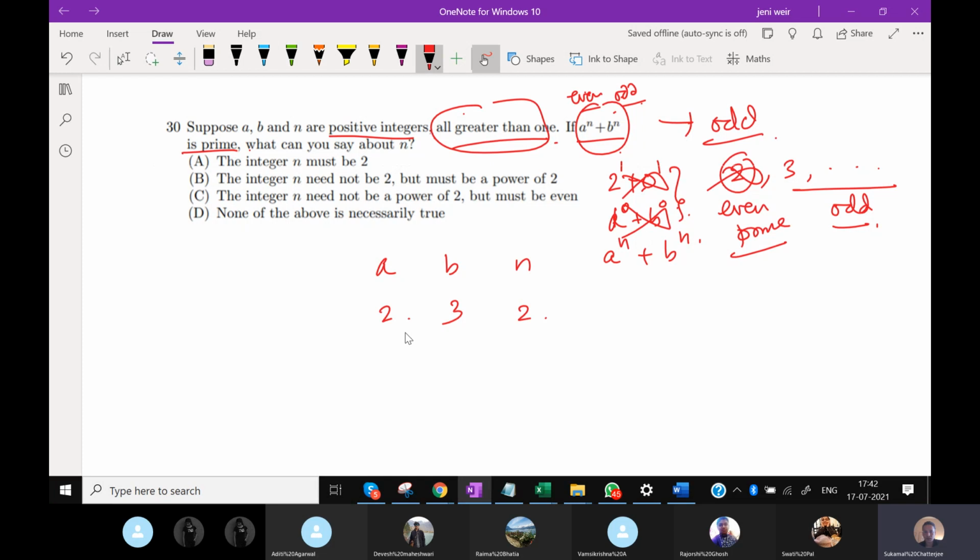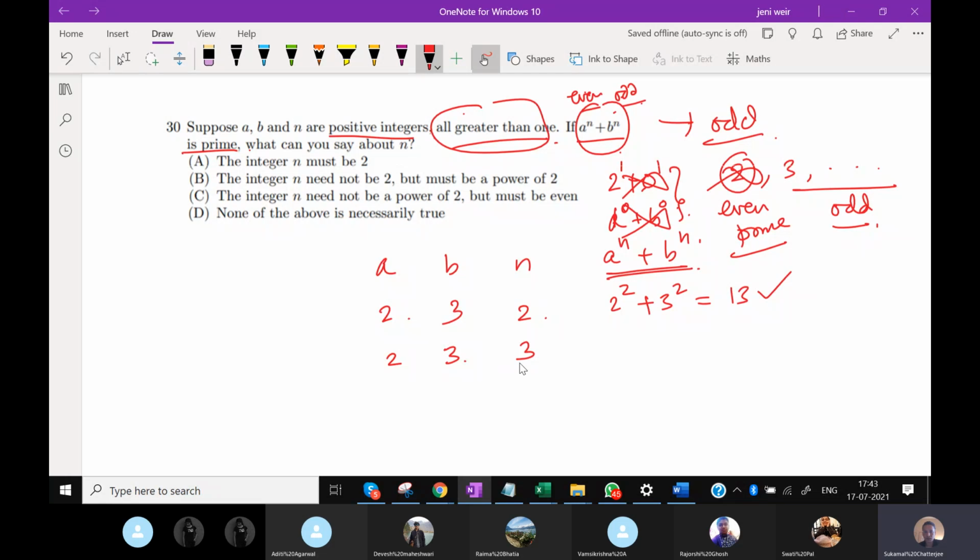So if a is 2, b is 3, n is 2, then what would be the value of a to the power n plus b to the power n? This would be 2 to the power 2 plus 3 to the power 2, which is 13, which is a prime. Correct? Next, 2 and 3 remain, I take n as 3.